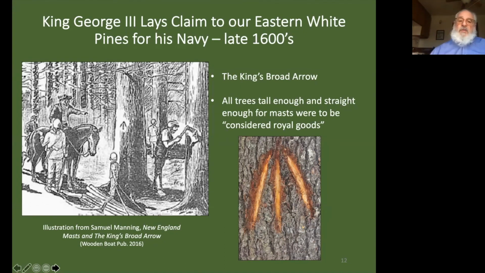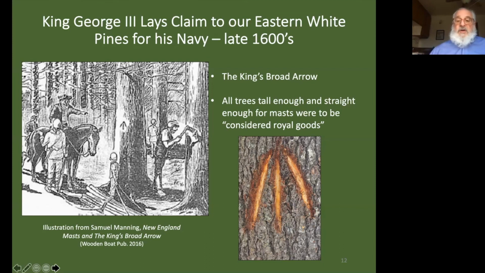And his target were the eastern white pines, which were straight, which were strong but yet flexible, so they wouldn't snap, and perfect for ship masts. And at the time, they were getting their ship masts from the Baltic states, but these were viewed as superior. And as a result, King George decided to mark all the biggest and greatest white pines for his navy.